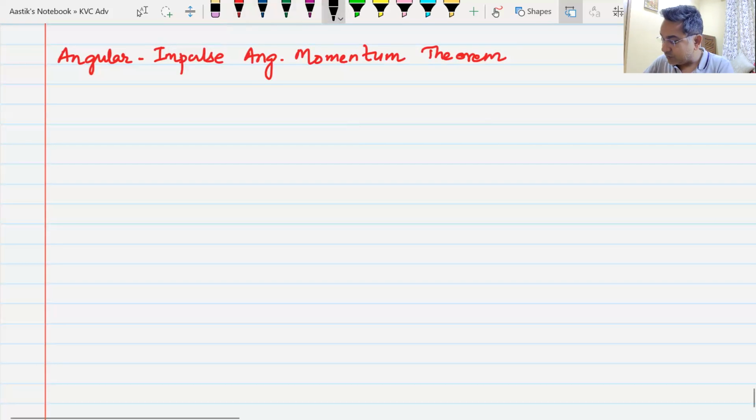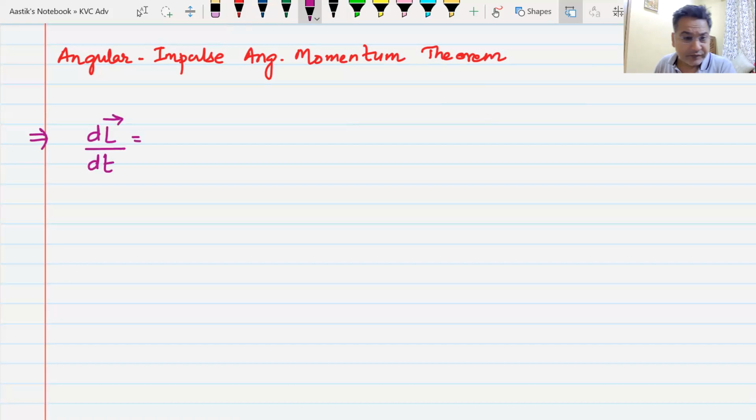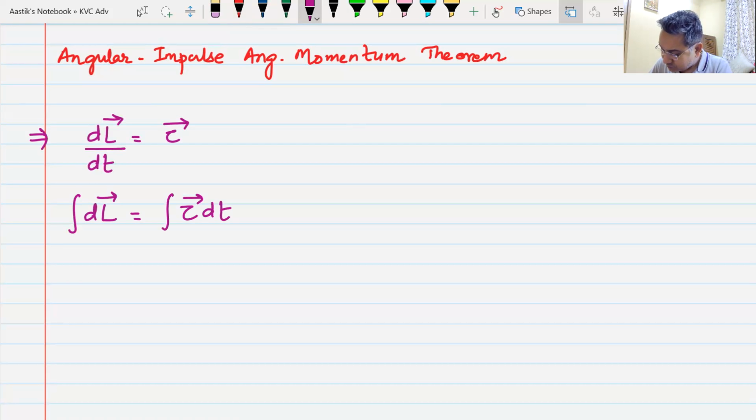Now, what is this angular impulse, angular momentum theorem? We had seen the rate of change of angular momentum dL by dt is your tau, yes or no? So I can write this change in angular momentum dL is tau into dt. Now, if I find the total change in angular momentum, that is known as the angular impulse.